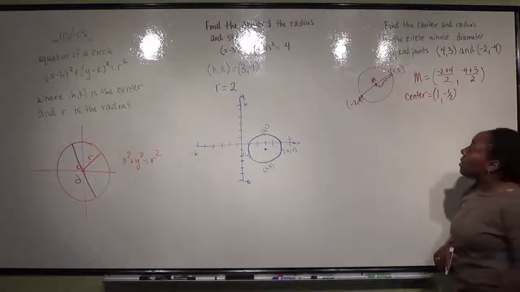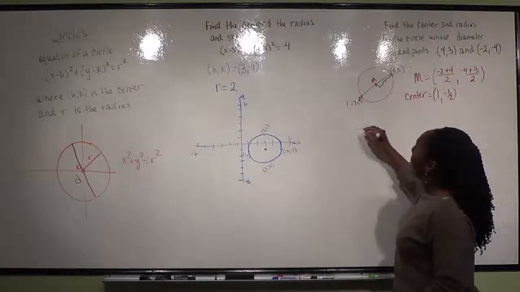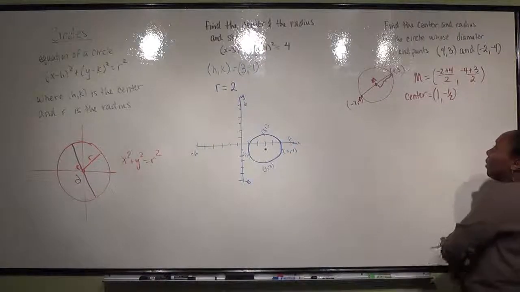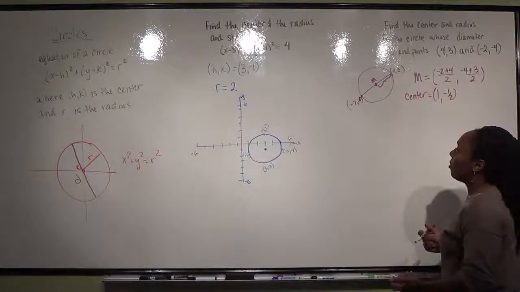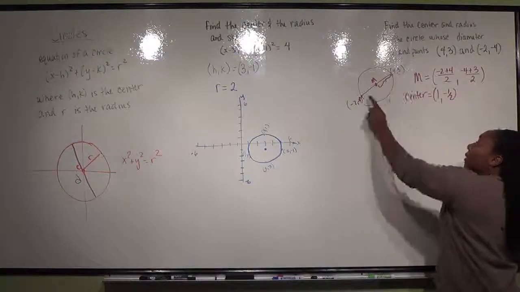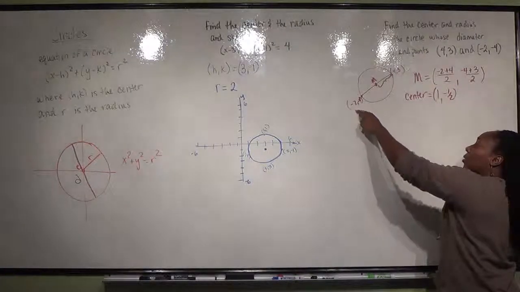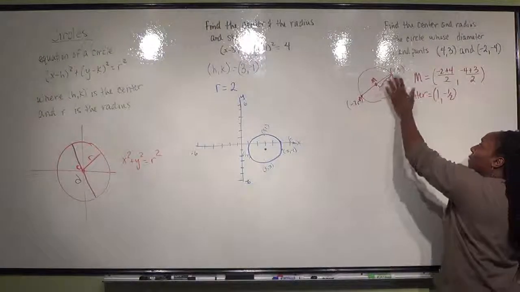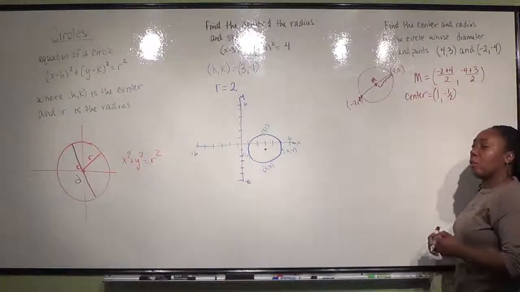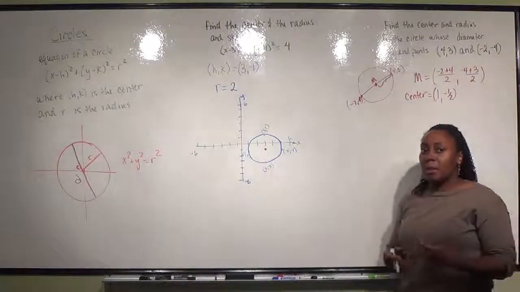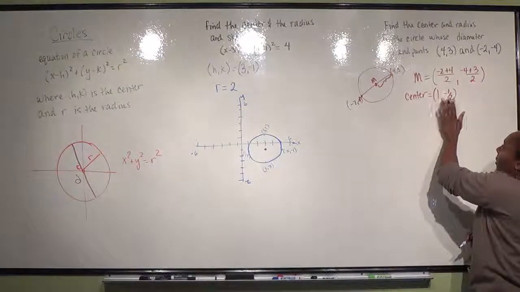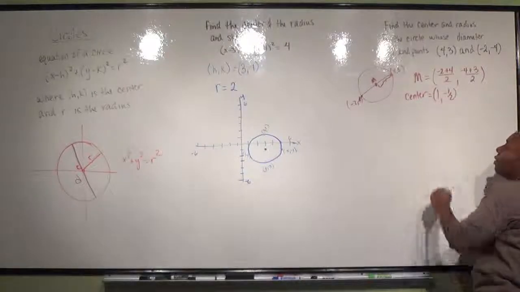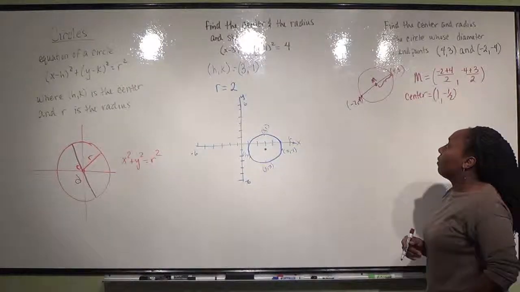To get my radius, I want my distance between the midpoint and one of the endpoints. Now there's a couple ways you can do this. If you like the whole numbers here, you can use the integer values, you can use the diameter endpoints, find that distance, and then cut it in half. Or if you don't mind the fractions, you can use the midpoint and one of the endpoints.